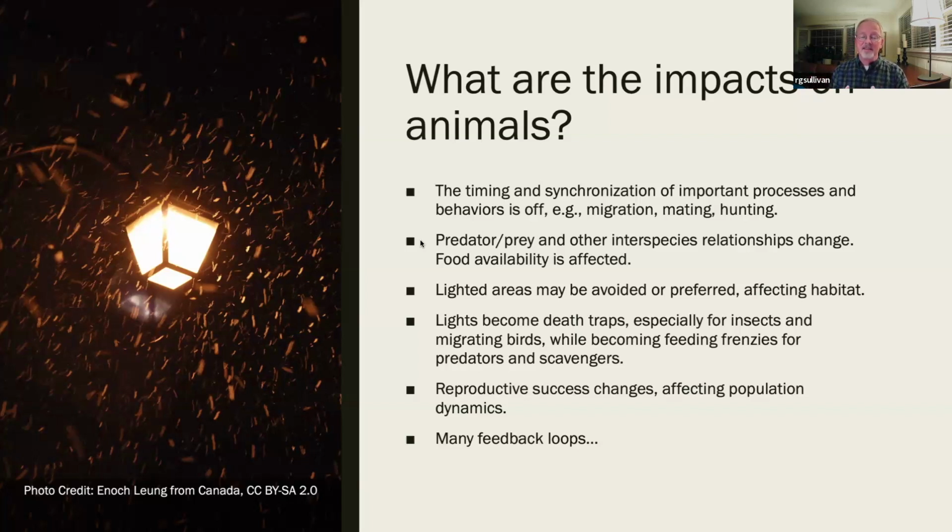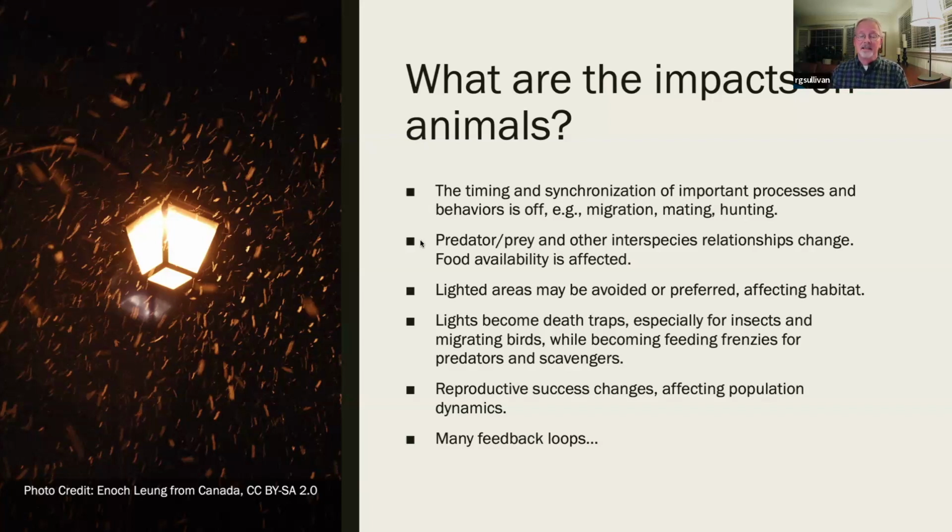But then there is this issue of lights simply being death traps, especially for insects that may be directly attracted to them, and migrating birds, which in certain conditions are attracted to lights.